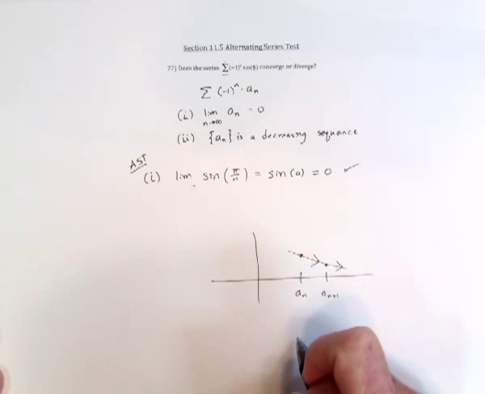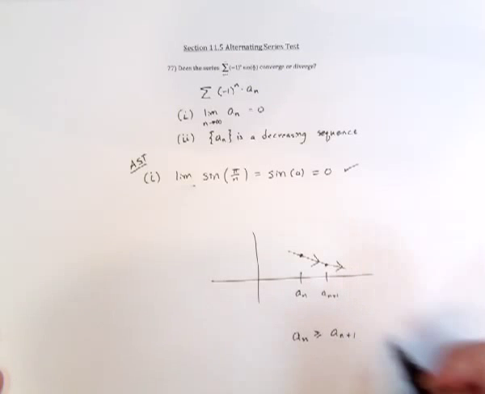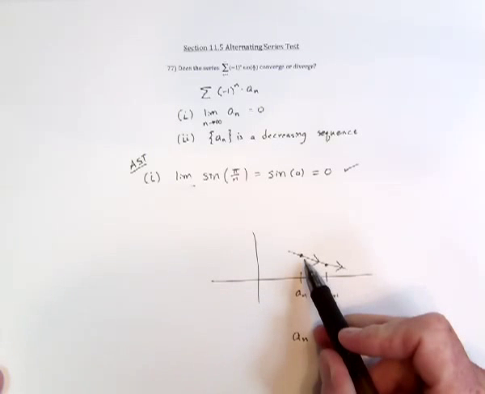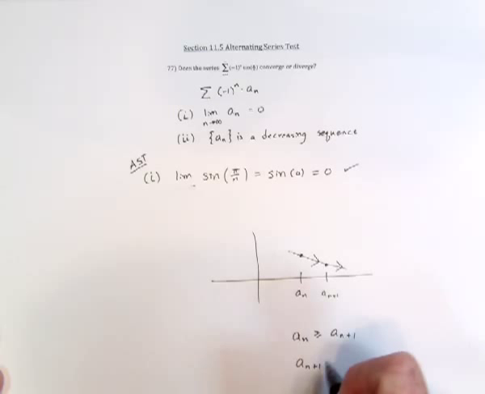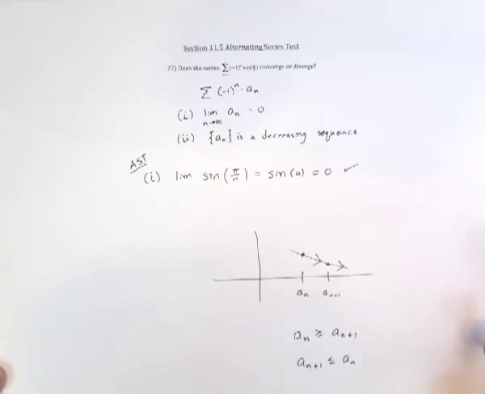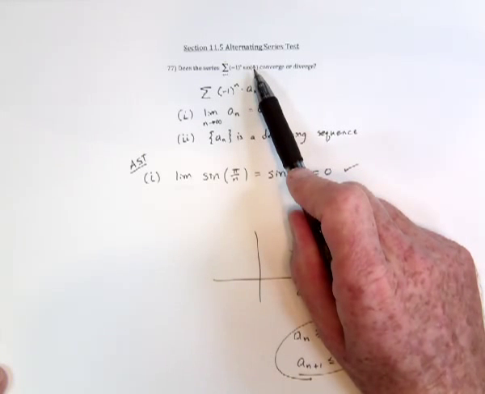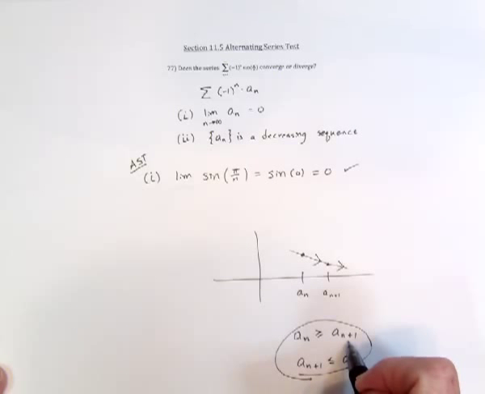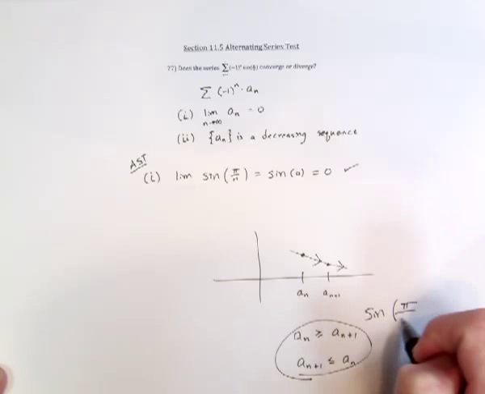Or you could just show that AN is actually bigger than or equal to AN plus 1. So this one is the bigger one. AN is the bigger one. Or, of course, you could show AN plus 1 is less than or equal to the AN. Well, let's see. If I were to use either of these ideas, which is more of an algebra way to do it, and I do that for sine, that means for the n plus 1, I'm going to have sine of pi over n plus 1.